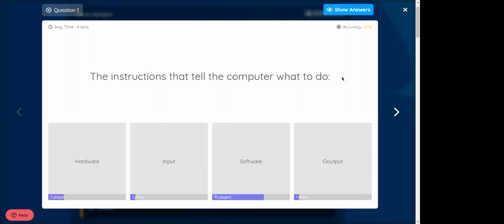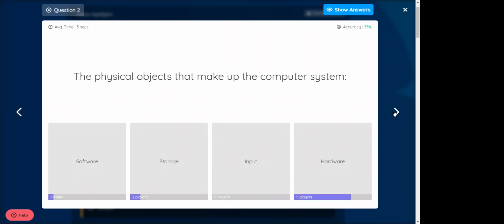Next: the physical objects that make up the computer system. What is it? Hardware. Yeah, hardware.